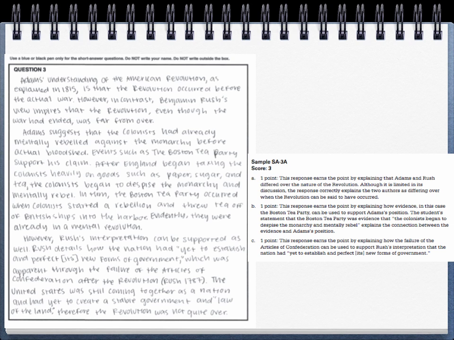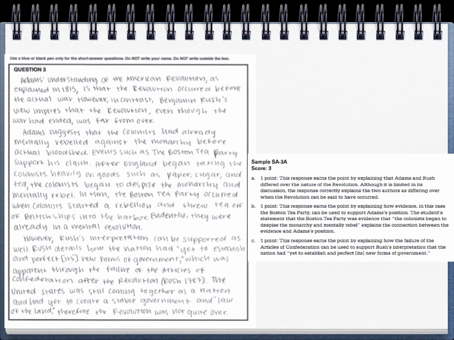The reader says that the writer in the first paragraph easily tells both writers' meanings and explains those fully. Then in Part B, in the second paragraph, the evidence is used to support Adams' viewpoint, and the writer talks specifically about the Boston Tea Party and the effects that it had on the people of Boston, and said that in their minds they wanted to rebel even before the actual war began.